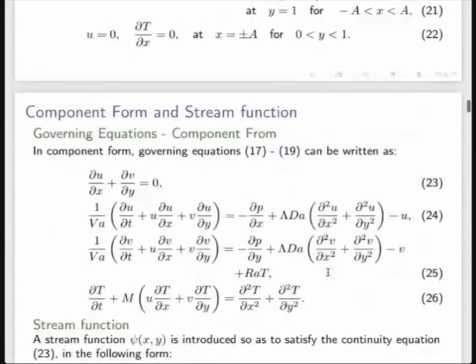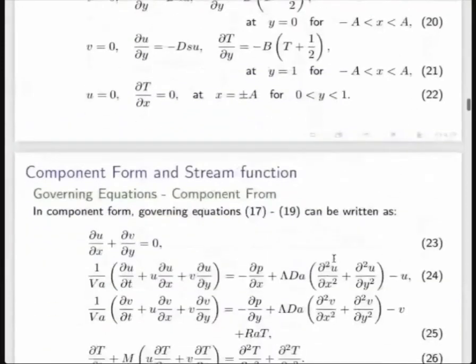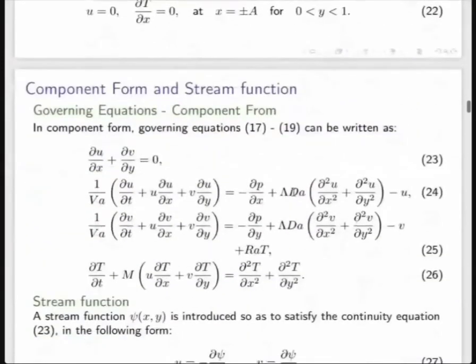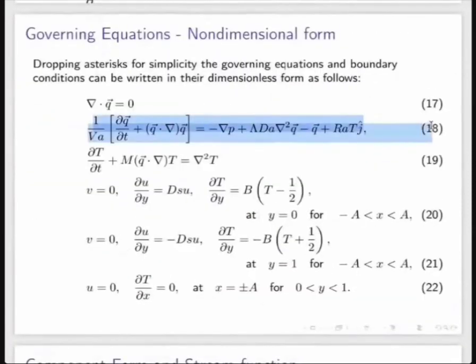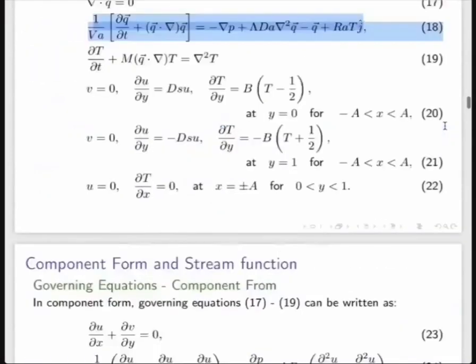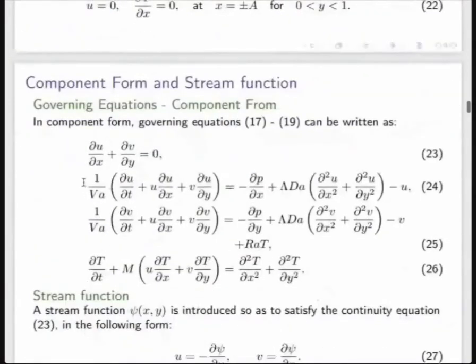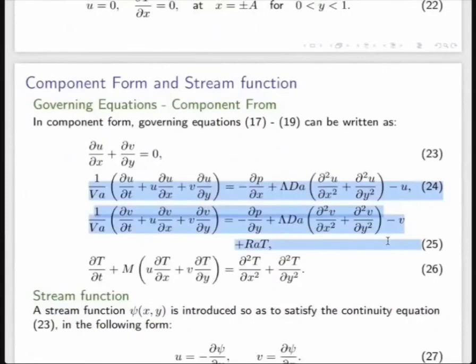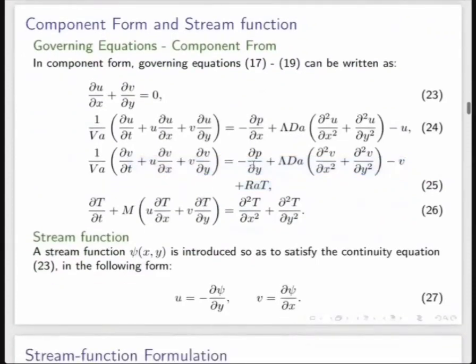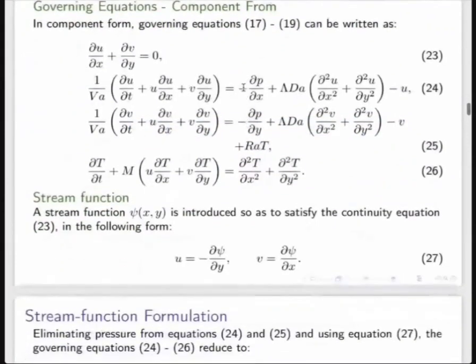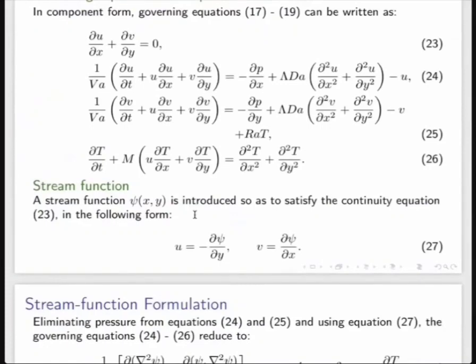And in component form, the equation 18, which is the equation of motion, the momentum equation, can be put into two equations, one in the x direction, one in the y direction. And so later we will eliminate pressure between these two equations and write a single equation for the velocities.